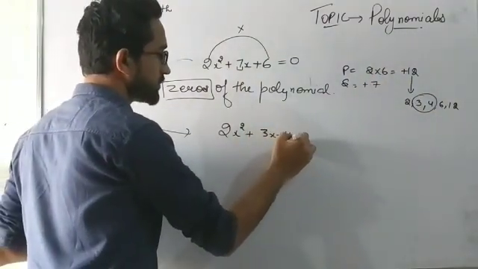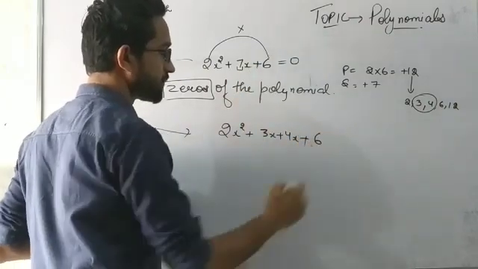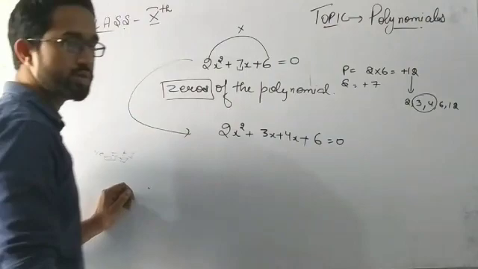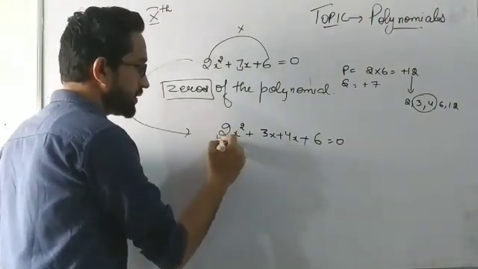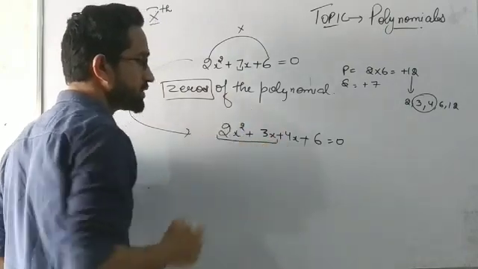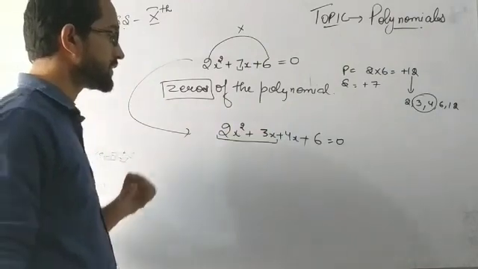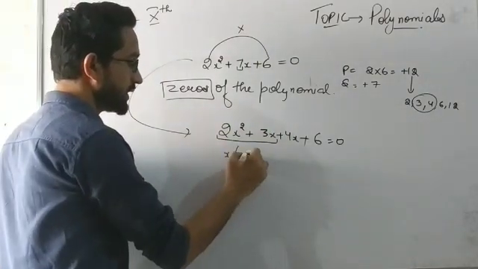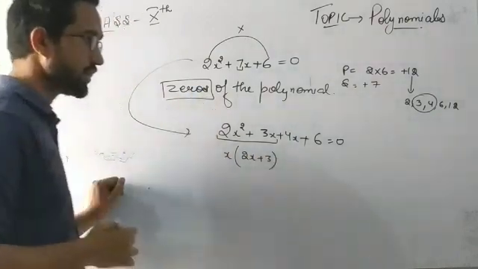3x plus 4x plus 6, equal to 0, because we are finding the zeros of the polynomial. Next thing will be to take the common factor from these two. You can see here x is common in the first two terms. So we will take x common, it will be 2x plus 3 inside the bracket.